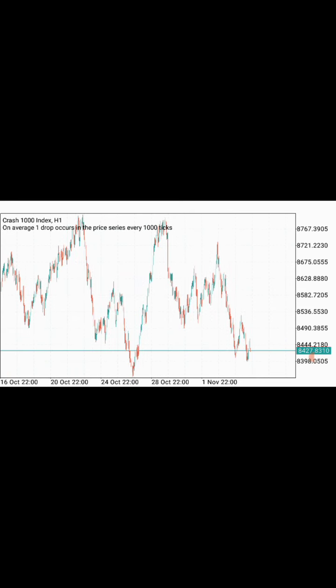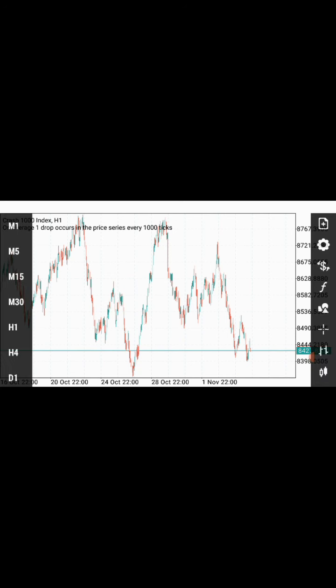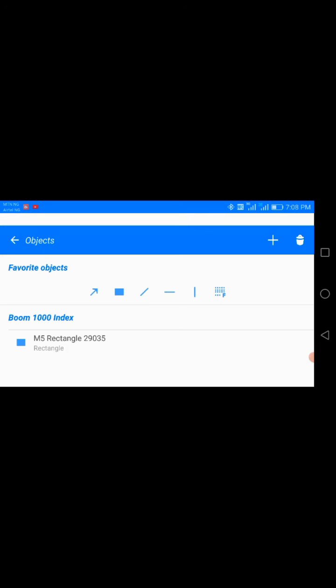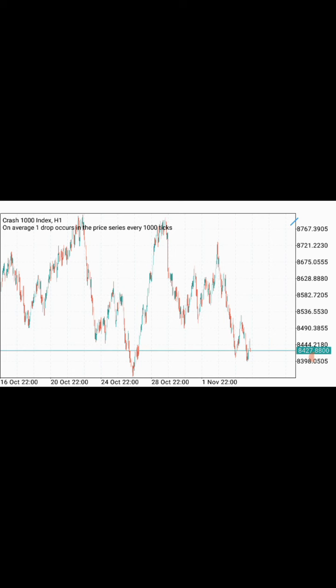Now please, we're going to zoom out completely. Let's pick our trend lines, and then we are going to take it from here. Okay, please take note of these places.